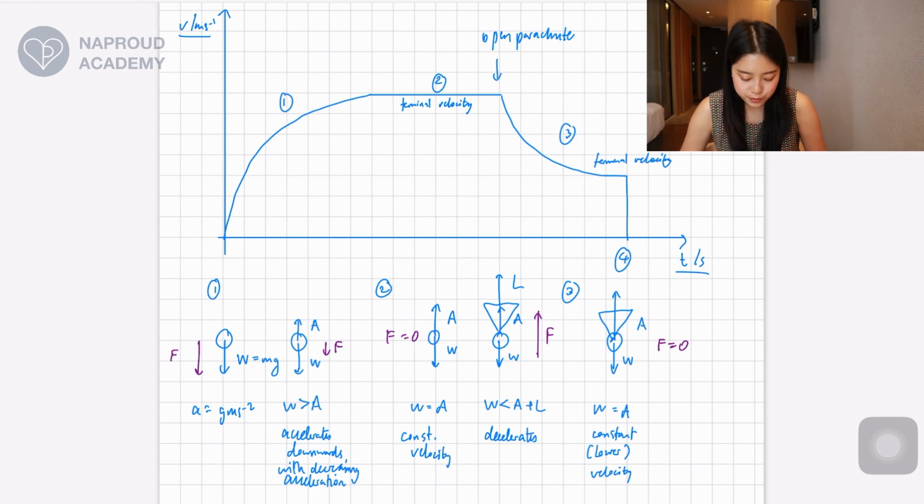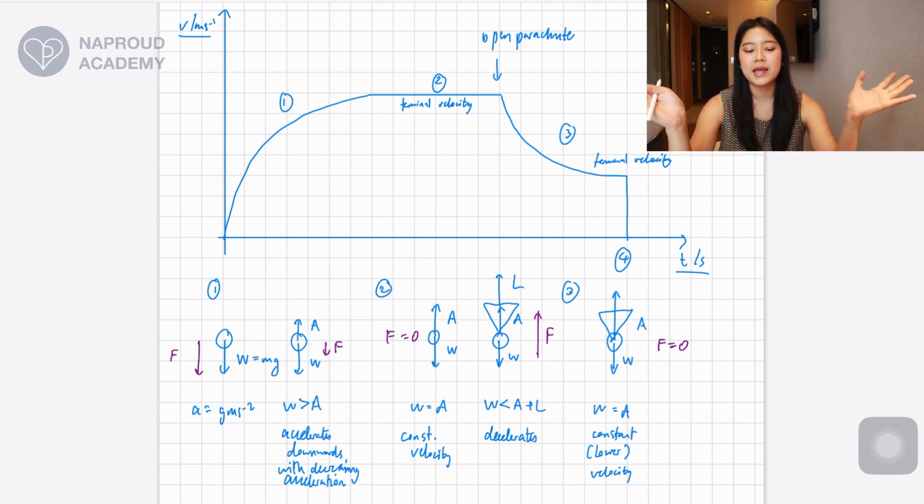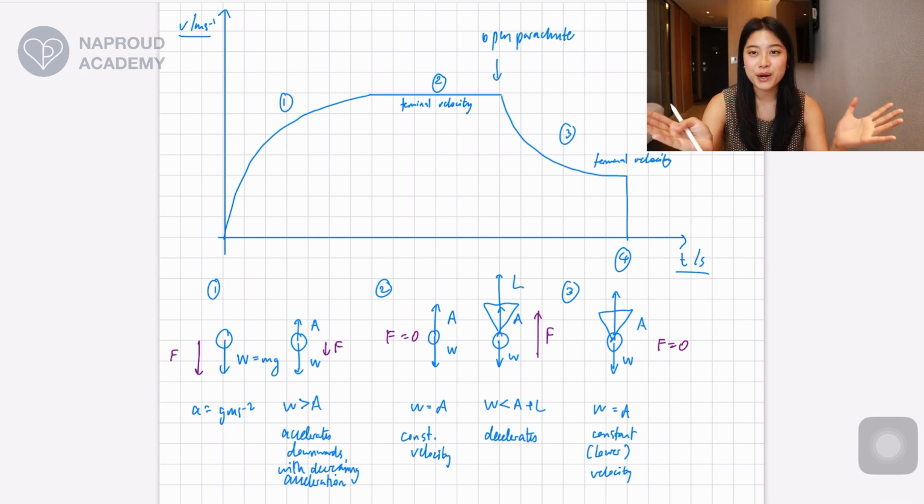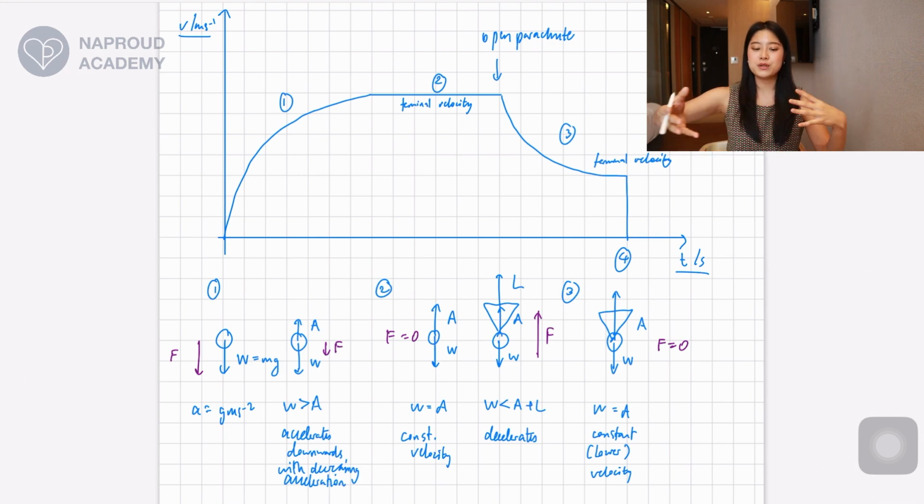After a while, you open the parachute. So what is the point of the parachute essentially? The point of the parachute is that it has more surface area, and with more surface area, it's going to be hitting more air particles. If it hits more air particles, then it's going to experience more air resistance, even when it's moving at the same velocity.